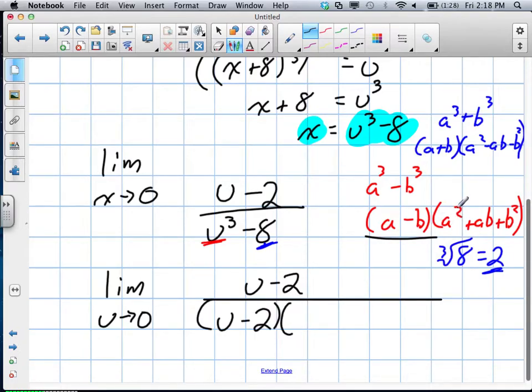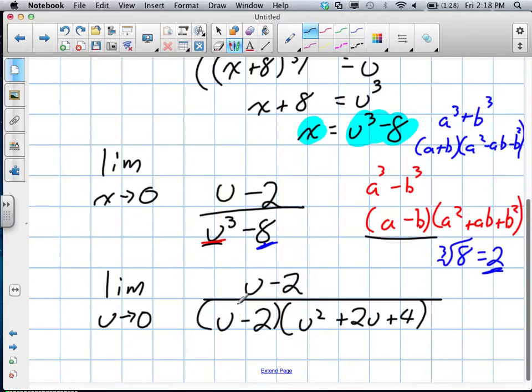And then u to the power of 2 plus a, which is our u again, multiplied by b, which is the number 2, so we're going to have 2u. And b squared, well, 2 squared is the number 4. So we've now made this a fraction that we can work with when going through it. Okay?